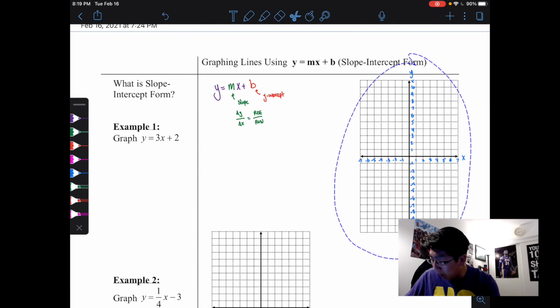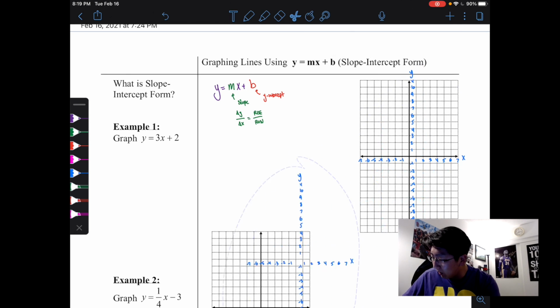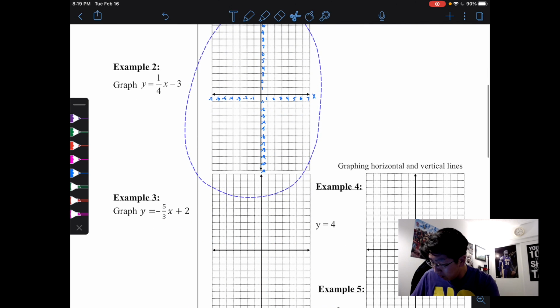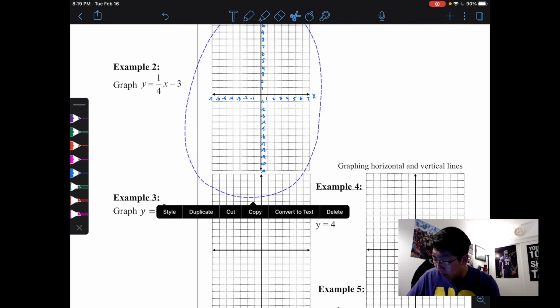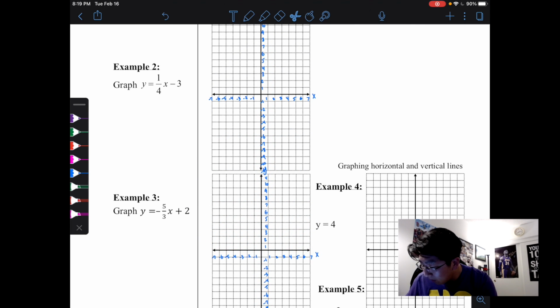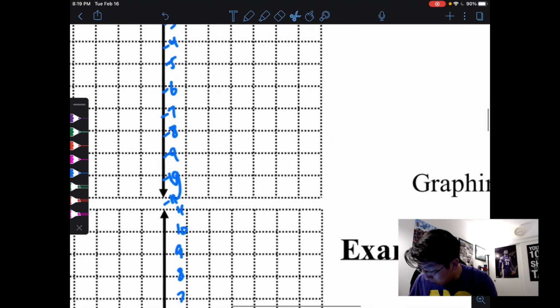And lucky for me, I'm on Notability, so I'm going to copy this and duplicate it. Use it again right here, and again right here. The only problem is it's overlapping, so I'm going to have to clean this up over here, which is fine.